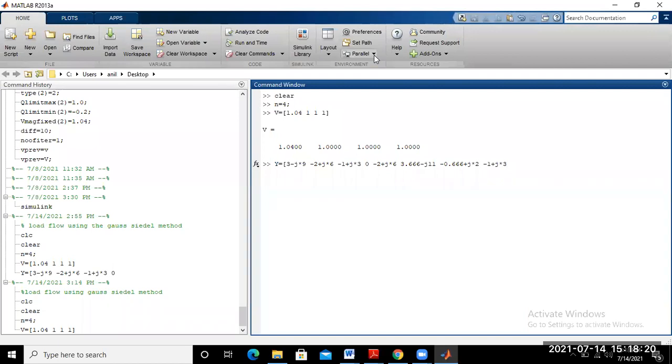Next one, minus 1 plus j3. Minus 0.66 plus j2. So we cannot directly write j2 this way, so j star 2.